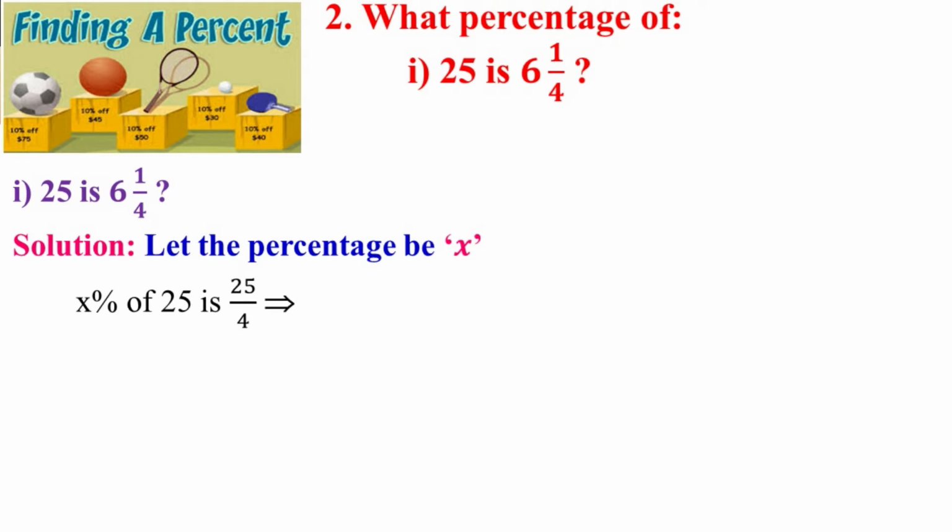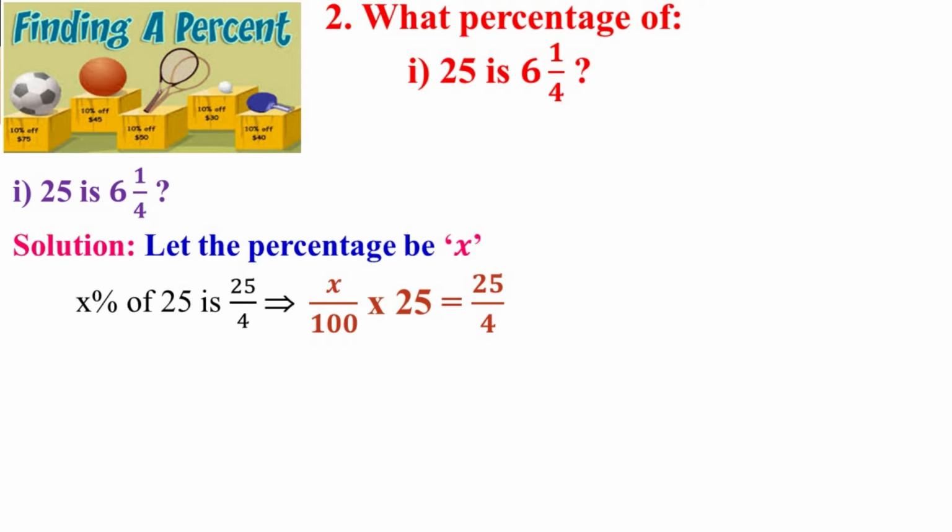Okay, so the given terms become x by 100 into 25 equal to 25 by 4.